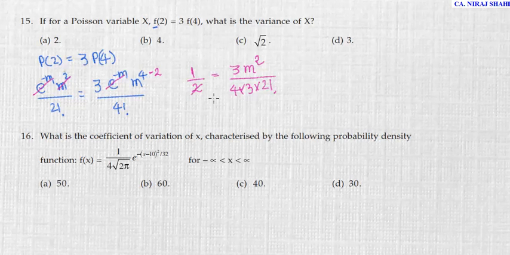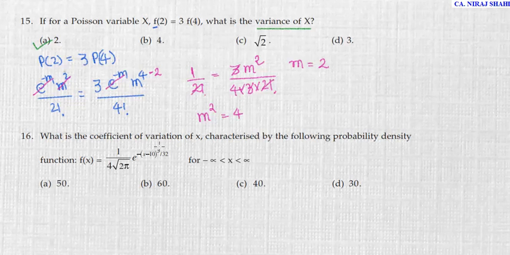So now this 2 and this 2 factorial would cut, and this 3 and 3 would also cut. So now we have m square is equal to 4. Now take square root on both the sides, so we'll get m is equal to 2. Actually we require to find out the variance of x. For in Poisson distribution, the variance is actually nothing but m only. So our answer here is 2. So the answer is A.